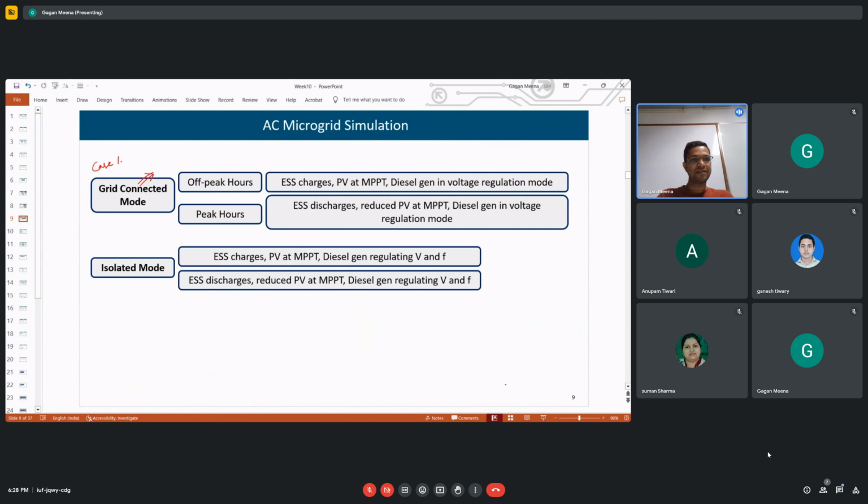Then this is unbalanced load, with three phases having different loads. These are harmonics, and this is also a single phase jump, where the current in one phase becomes zero. It's a fault.